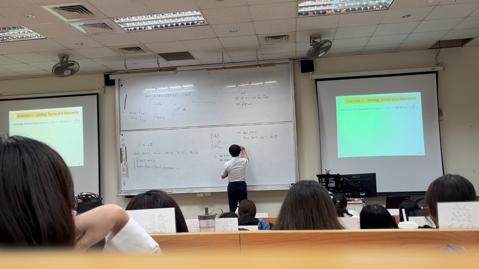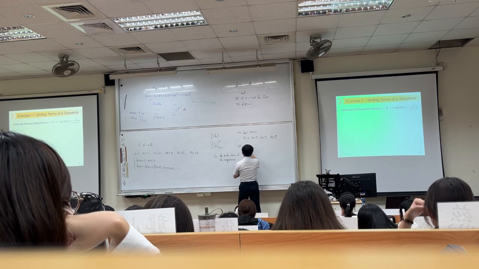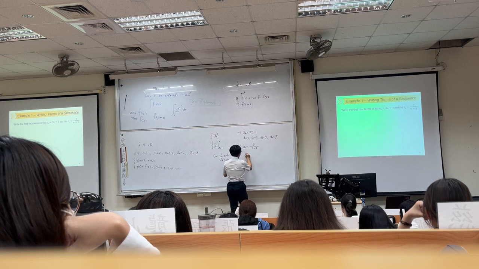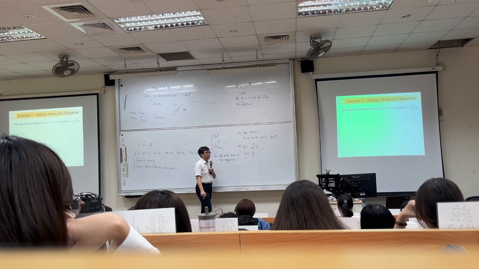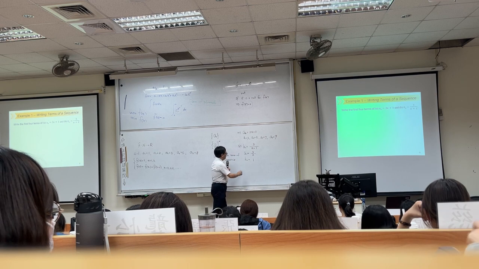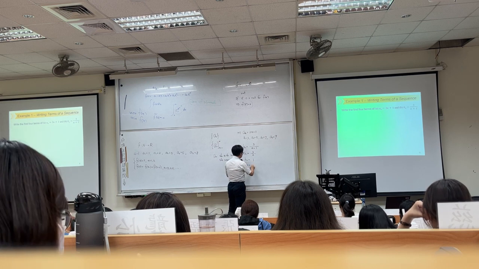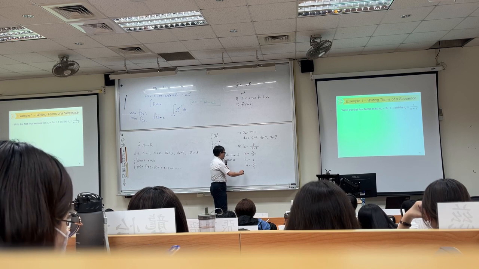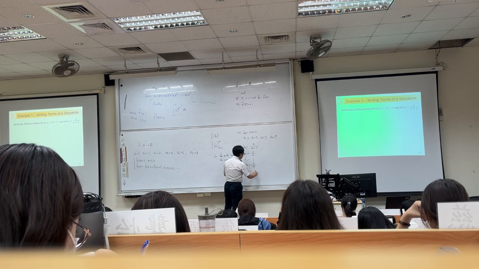So b_n is equal to 3 over n plus 1. So b1 equal to 3 over 2, b2 equal to 1, b3 equal to 3/4, b4 equal to 3 over 5.